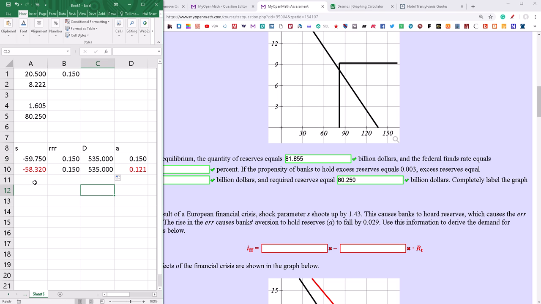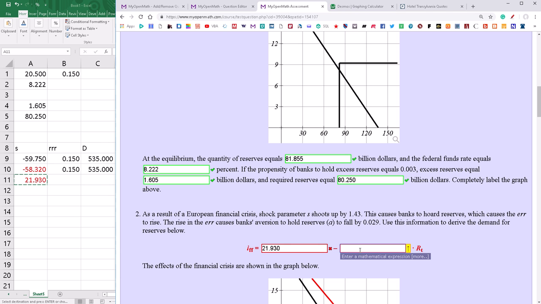Okay. So the new intercept is the shock parameter plus the required reserves ratio times demand deposits. So that's the new intercept, 21.930.